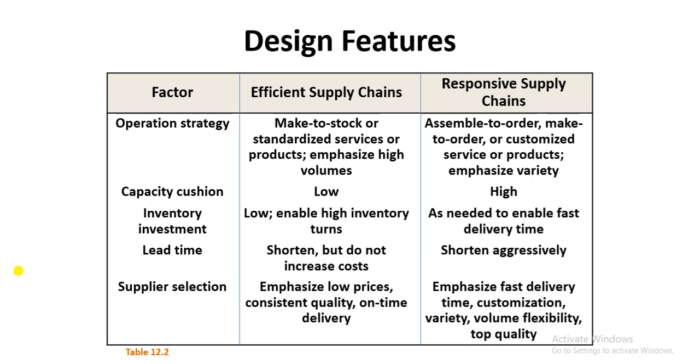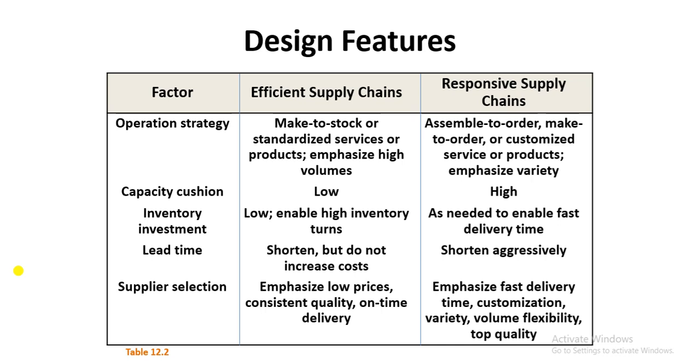On the other hand, in the responsive supply chains, capacity cushions are high because in order to meet the varied demands from the customer, you need idle capacity for meeting the customer demand.